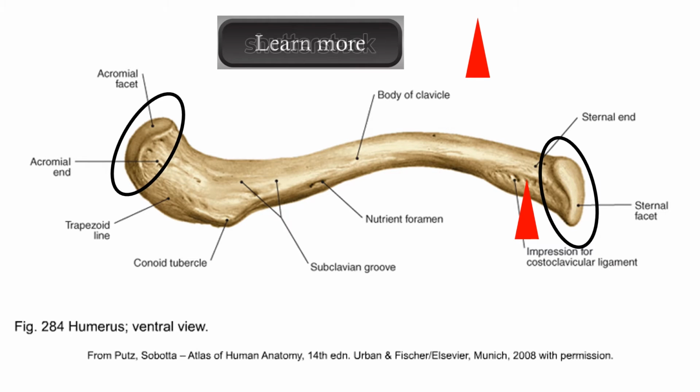Now, on the lateral end or the acromial end, there is a larger area, also rough, for the attachment of the two ligaments attaching the clavicle to the scapula. There is a ligament called the conoid ligament, which attaches to the conoid tubercle, and there is a trapezoid line that attaches the trapezoid ligament.